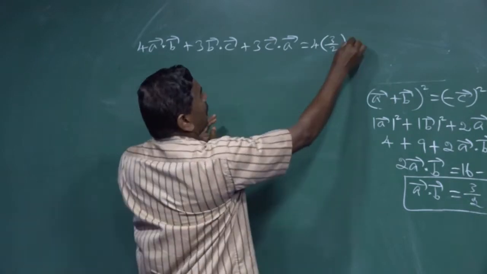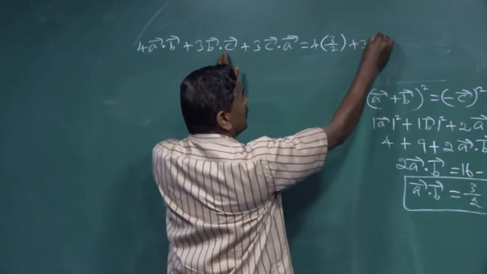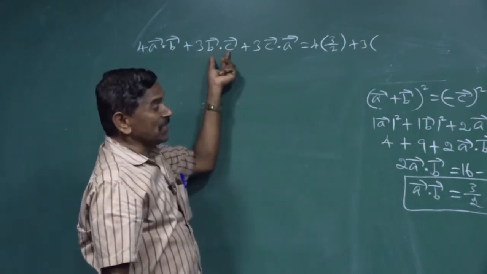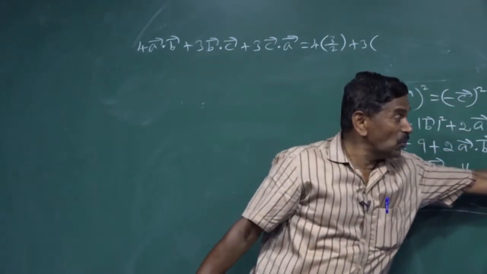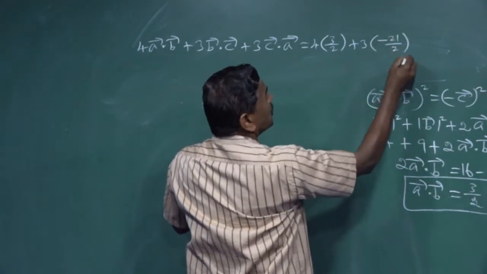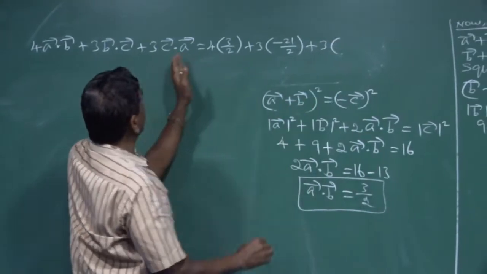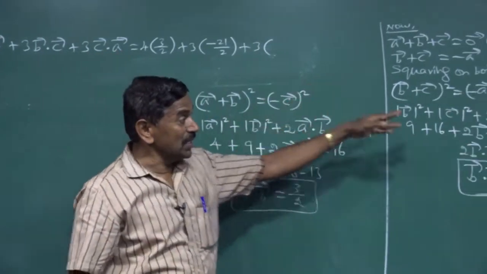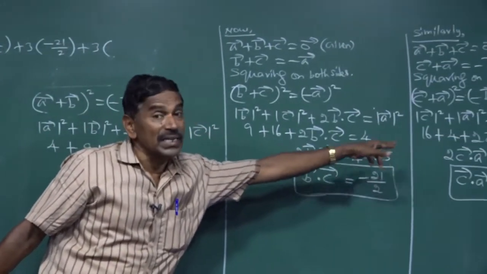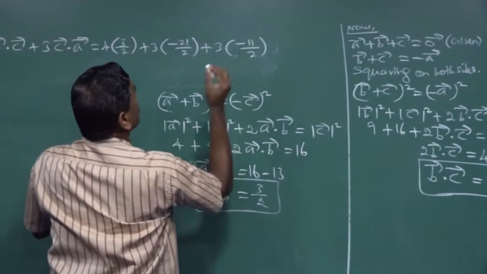Next, plus 3 times B vector dot C vector, which is minus 21 by 2. So minus 21 by 2 plus 3 times C vector dot A vector. What is the C vector dot A vector value? Minus 11 by 2.